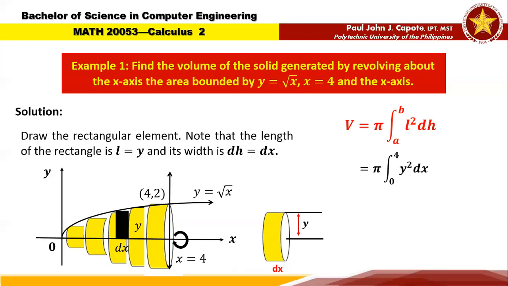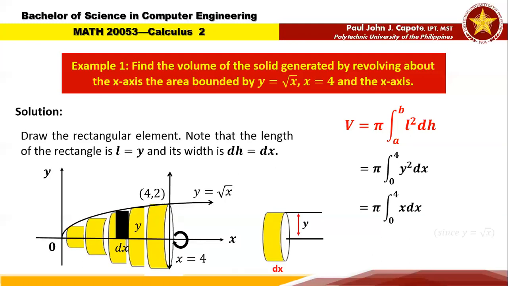Since we are integrating with respect to the variable x, then we need to express the function y equals square root of x in terms of y. And so x equals y squared. So we have volume equal to pi times the definite integral of x dx from 0 to 4.